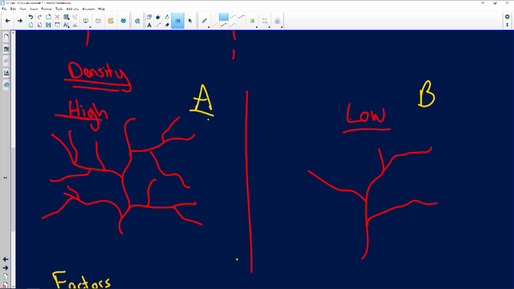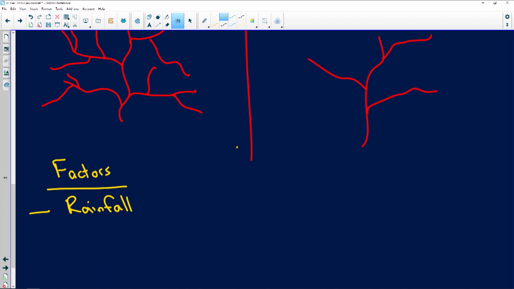By the way, these factors are very similar to what contributes to the density of rivers. That determines if a river is going to be on top of the surface or when it's going to promote groundwater. Very similar factors. But I'm going to discuss the density. Okay, high density, more rainfall than B. So that's our first factor.